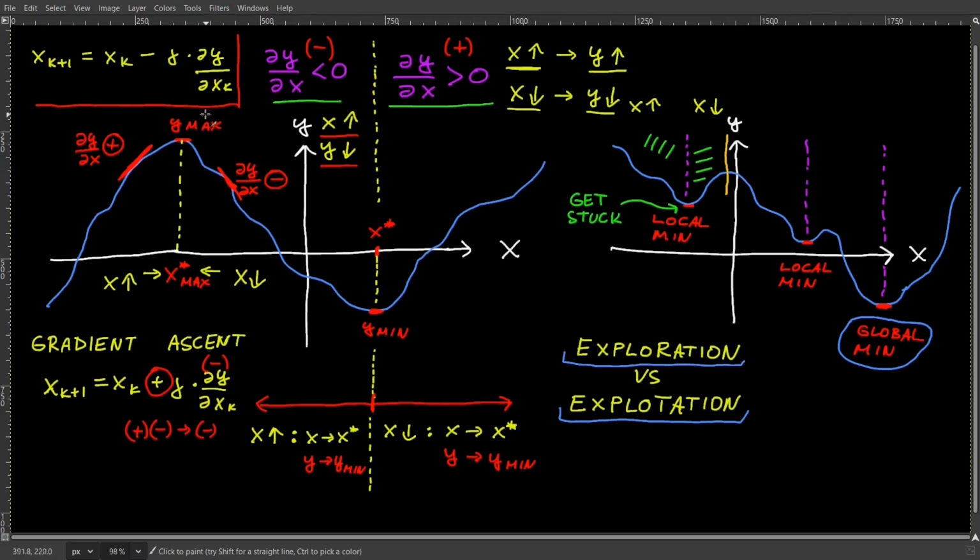However, if your goal is to find the maximum of y, then you want to do the opposite. You want to decrease x, making x smaller because you know that it will make y bigger, getting you closer to its maximum value.